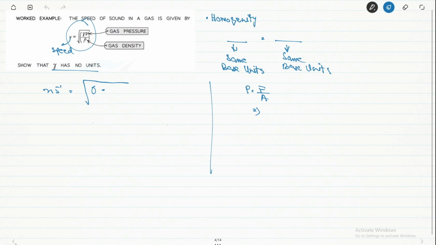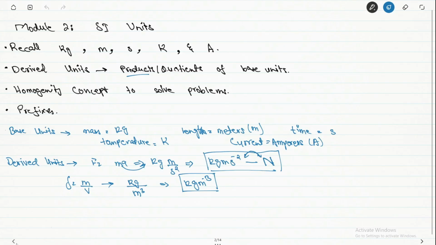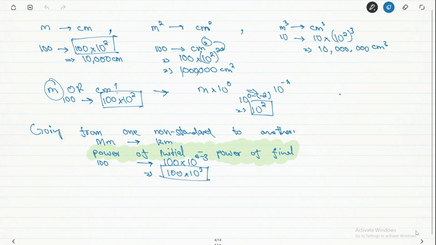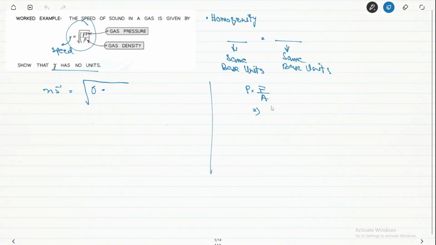As we discussed before, the unit of force is kg meter per second square. You can derive this again if you want, but I'm not going to waste more time. Kg meter second to the power of -2, and the unit of A is meter square.